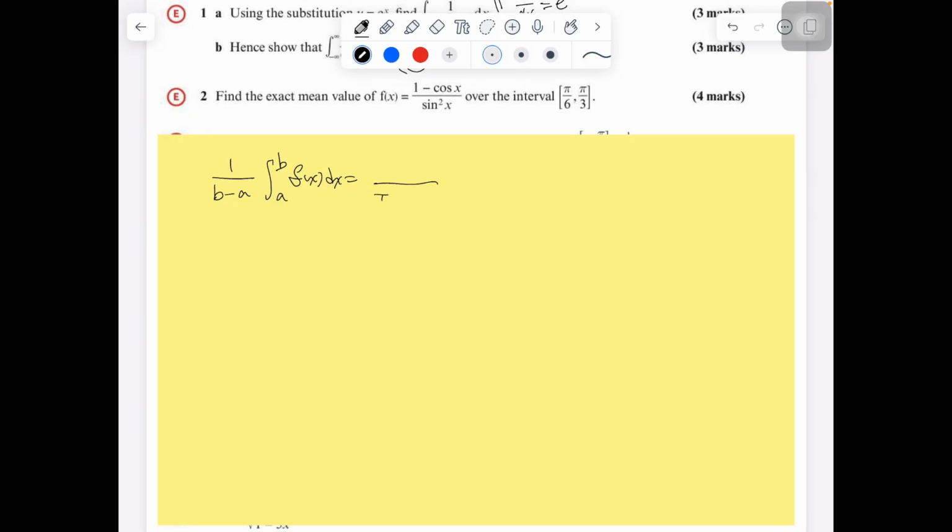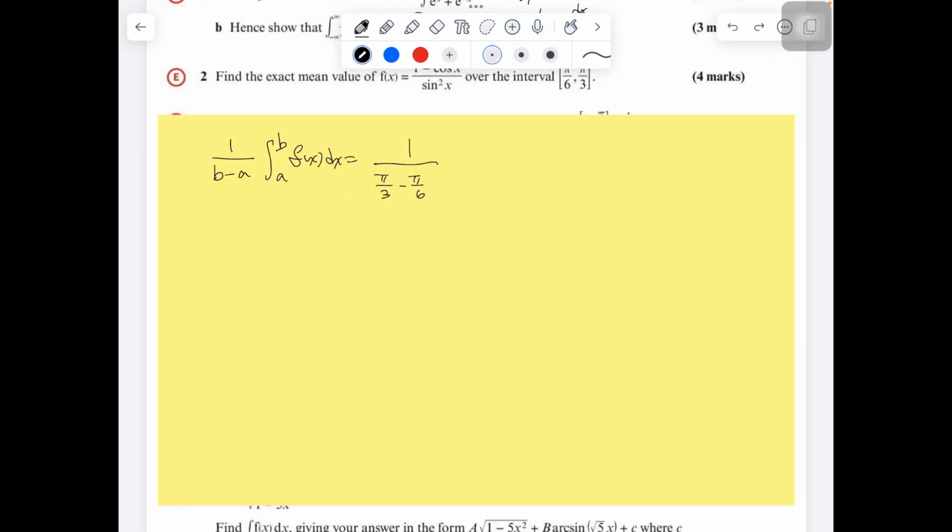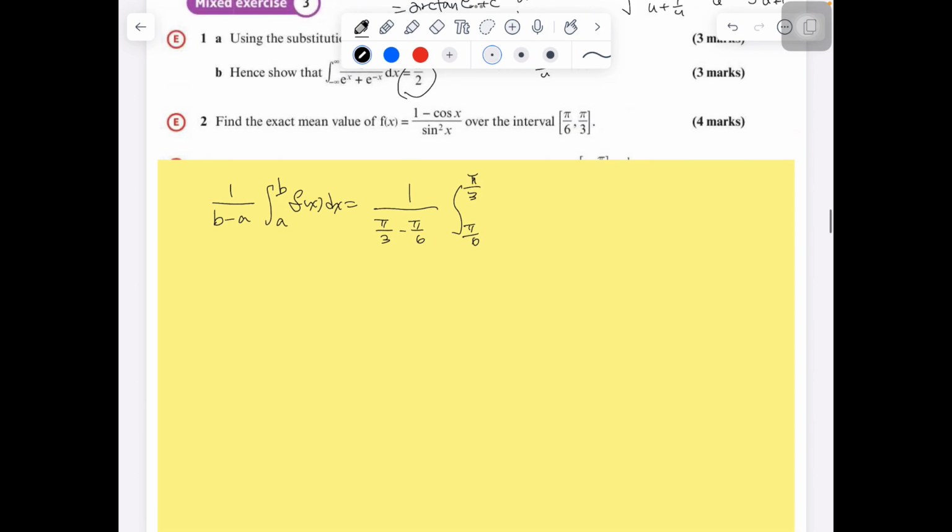So 1 over (pi over 3 minus pi over 6) times the integral from pi over 6 to pi over 3 of (1 minus cos x) over sine squared of x dx.